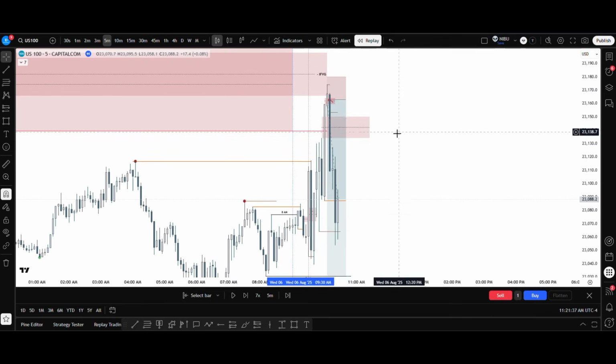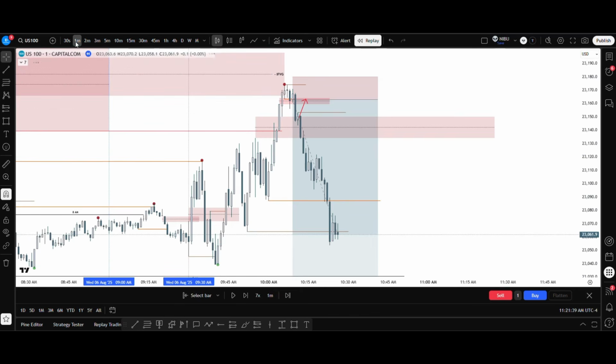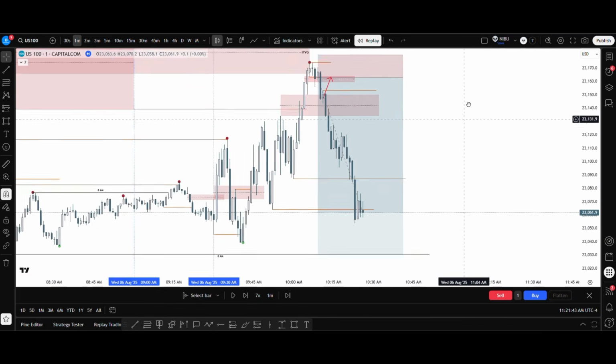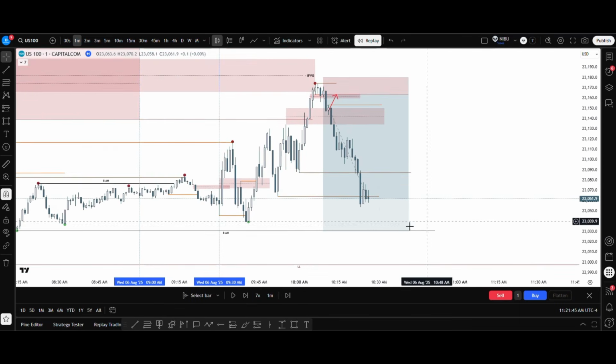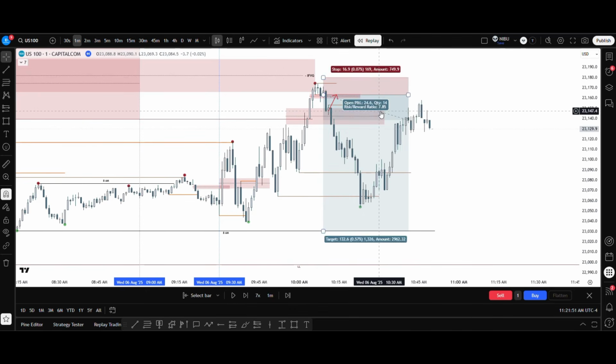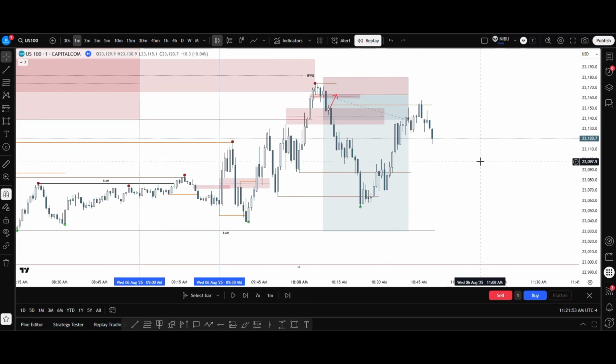I put my stop loss above that 5-minute inversion, and a very small quantity was left in hold. And price hit break even. This was my day.